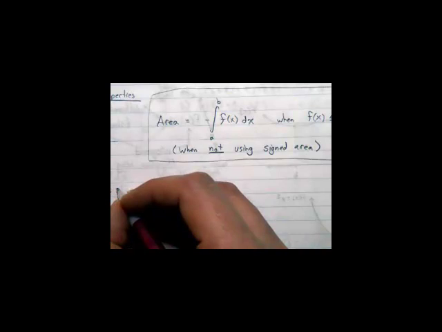So, to give you an example. Let's say we've got f of x equals negative 2x plus 4. Let's say that's the function that we want to find the area underneath.